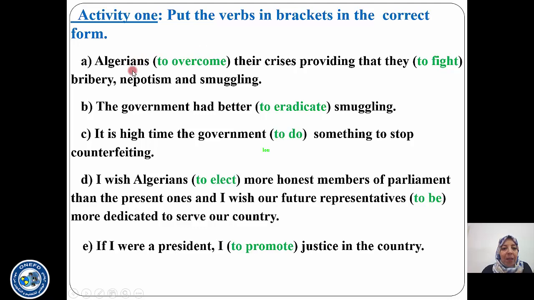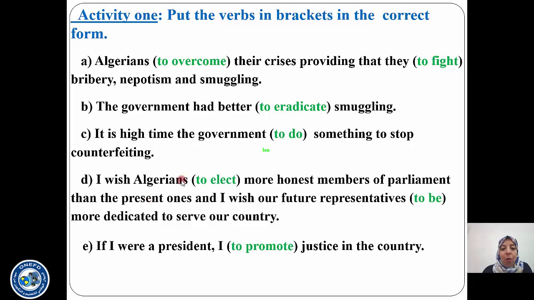Okay, so in the second one, for example, the government had better to eradicate. So how should be the verb after had better? Okay, again, it's high time the government to do something to stop. So how should we use the verb after it's high time? Again, with sentence D, I wish. Okay, what tenses should be used with I wish?